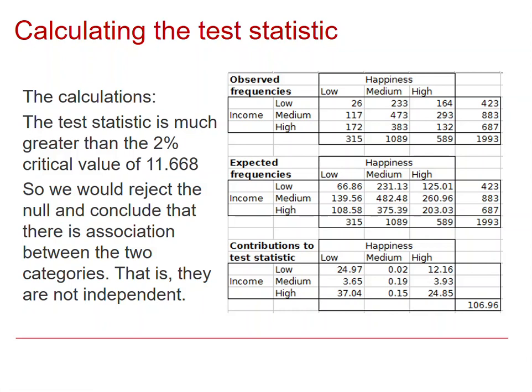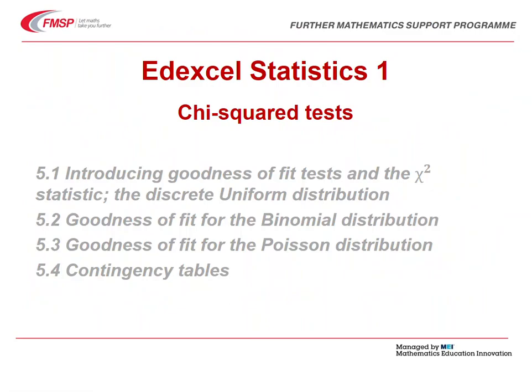What you might also notice in this lowest of the 3 tables is that where the larger values are is where the largest contributions to our test statistic are, and therefore it's telling us which ones are furthest away from the expected frequency. That's the end of this video, and it's also the end of this series of videos.